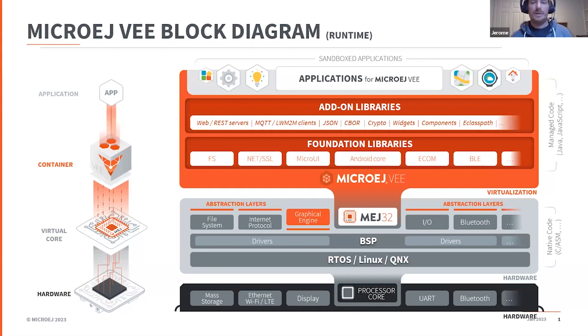One is the MicroEJ VEE itself, which will prevent all the software that runs on top of it from accessing the hardware or the drivers directly, and prevent it from corrupting the whole system. The second layer of sandboxing is the application layer, where you can have several applications running on top of the MicroEJ VEE, and each application is sandboxed, so it cannot access code or memory data of other applications.